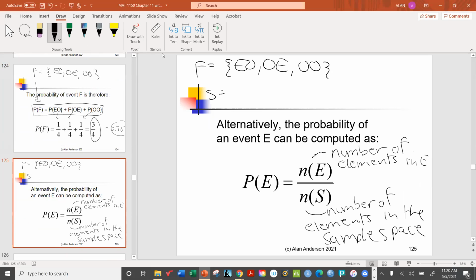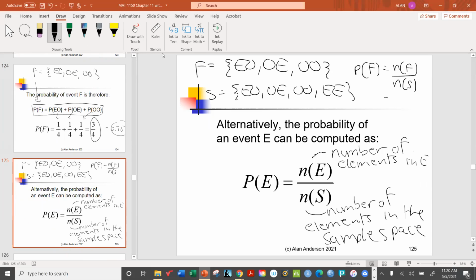And S, of course, remember, we'll just rewrite that: EO, OE, OO, EE. So what this is saying down here is that there are 3 elements in F and there are 4 elements in S.